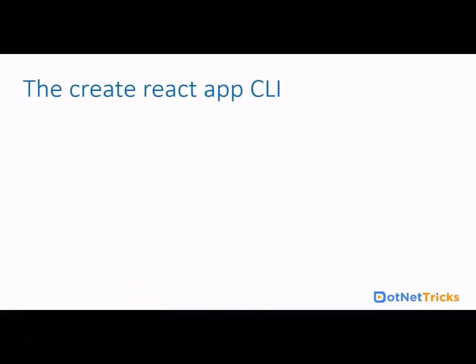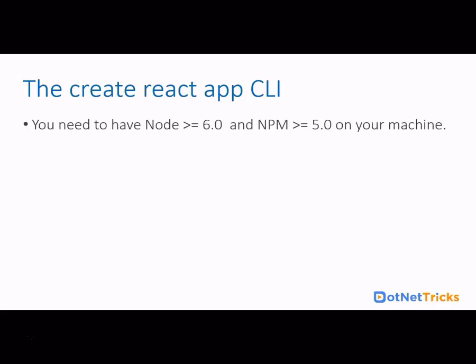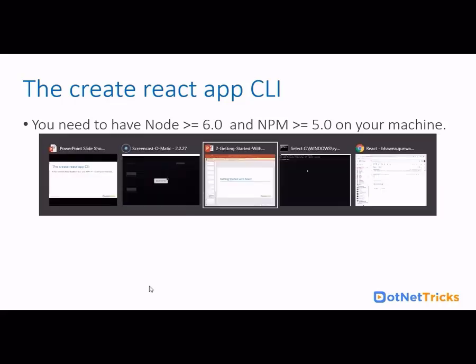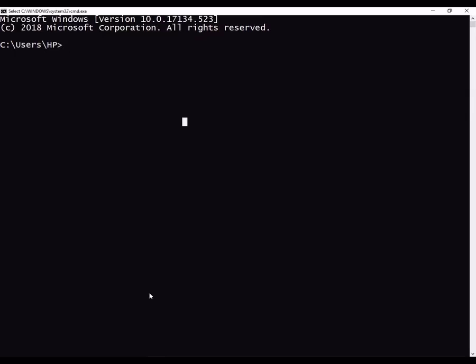To get started with React, we need to install the React CLI tool, which is known as CRA, Create React App. For that, we need to check whether Node.js and npm are installed on our machine or not. Let's switch to the command line interface.